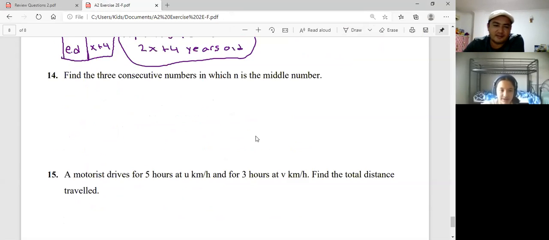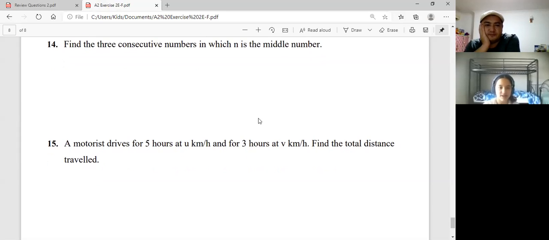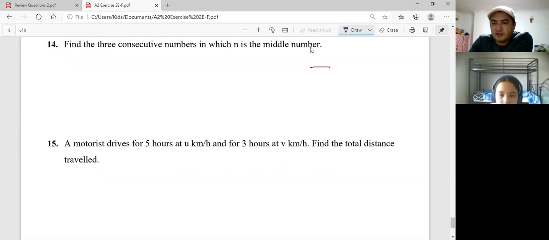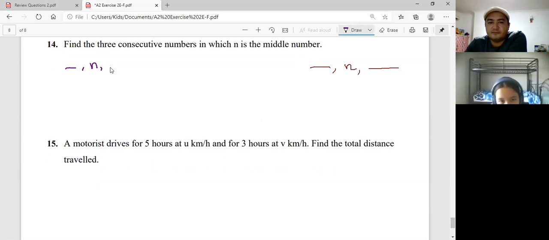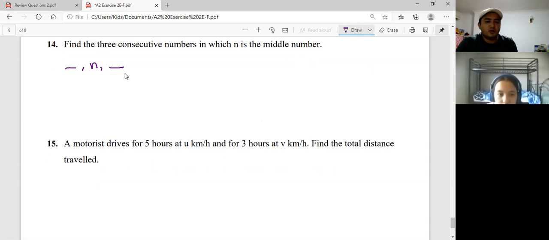Okay. Find 3 consecutive numbers in which n is the middle number. Can you draw a line like this, Shahina? Let's say here we have the middle number is n. These are consecutive numbers, like 1, 2, 3, 4, 5.